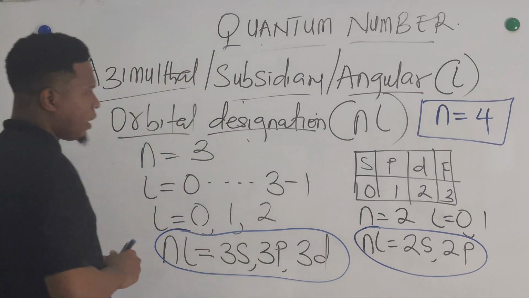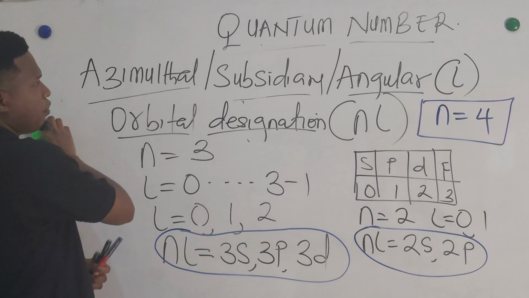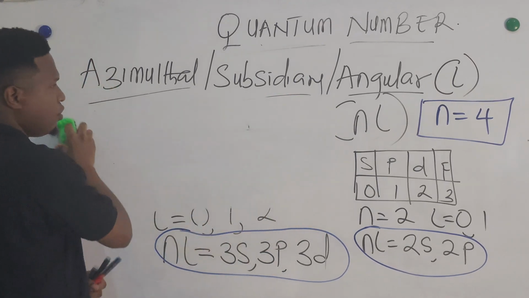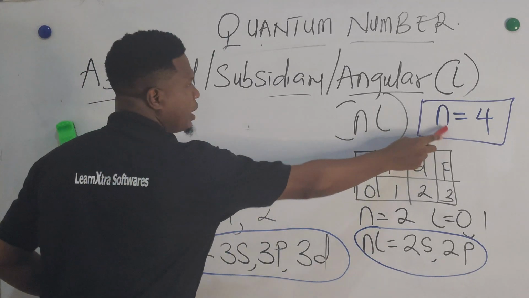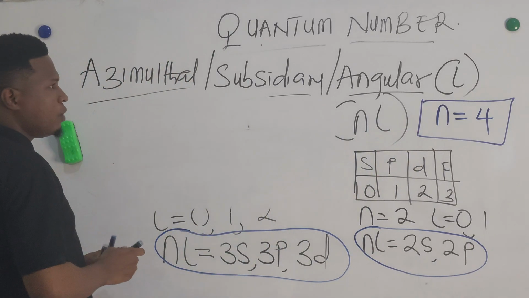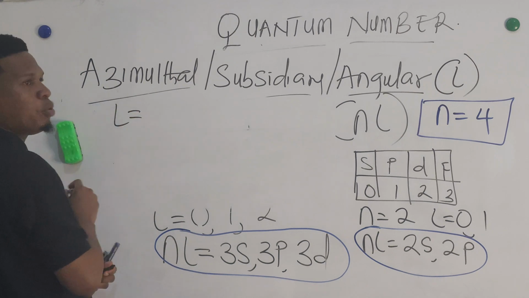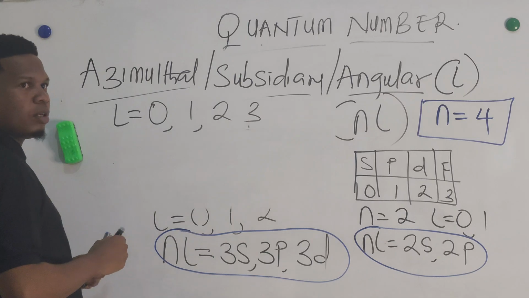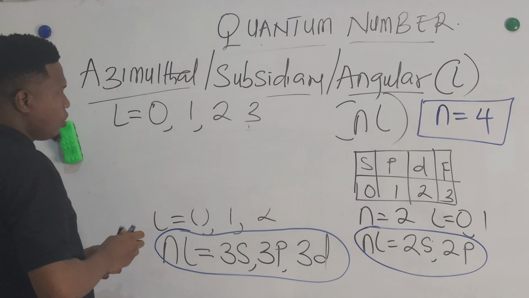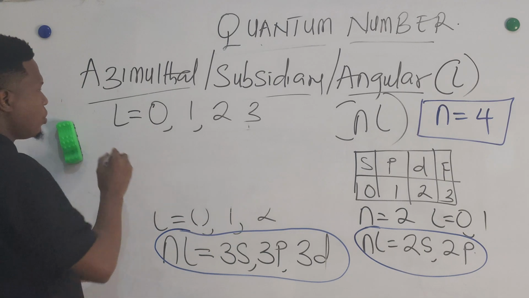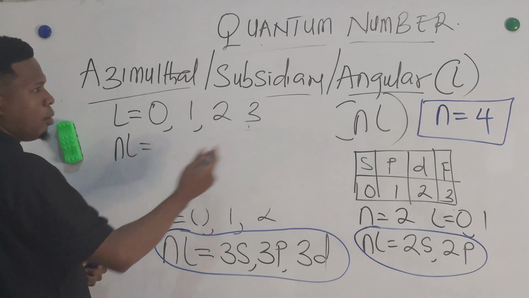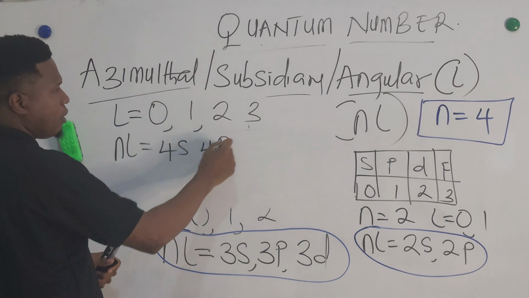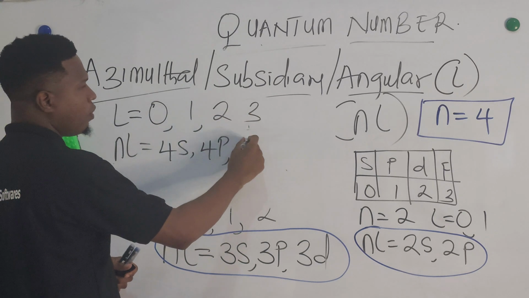I can do a little correction for you so you can know if you are correct or not. How do you do it? Get l first. What should be your l? 0, 1, 2, and 3. Remember, n minus 1. Then you combine 4 with the 0, 4s. 4 with the 1, 4p. 4 with the 2, 4d.